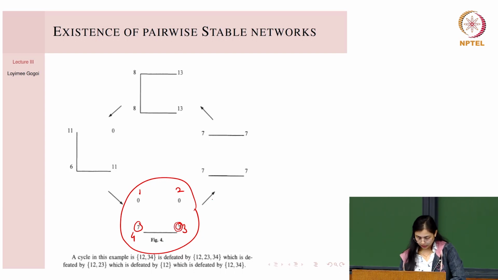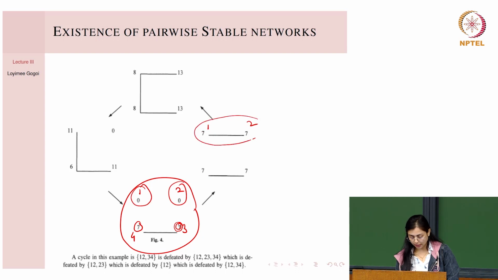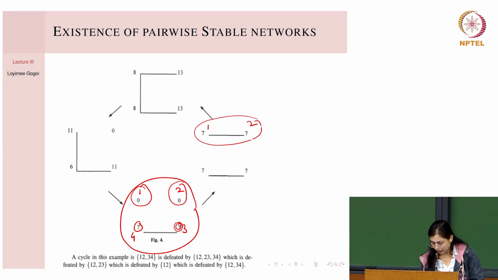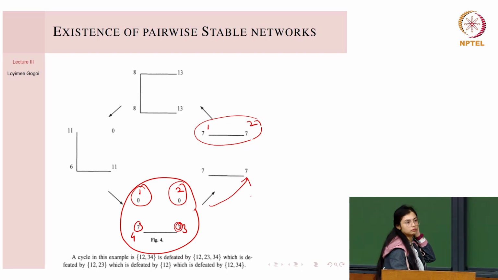So 1 and 2 here are isolated, right? Definitely they will also try to form a link, because after forming that link they will be more benefited. So definitely this network will form.